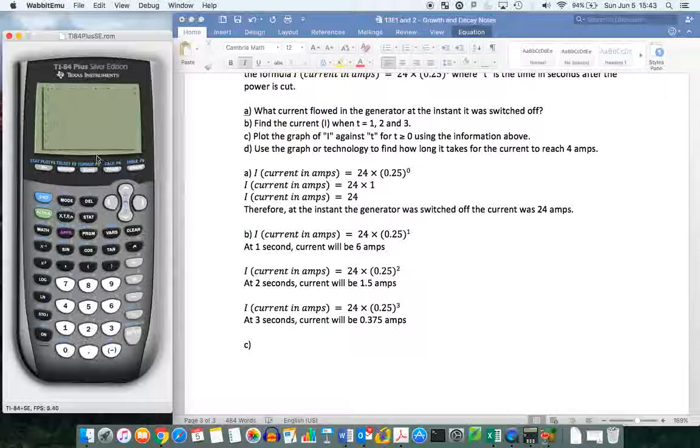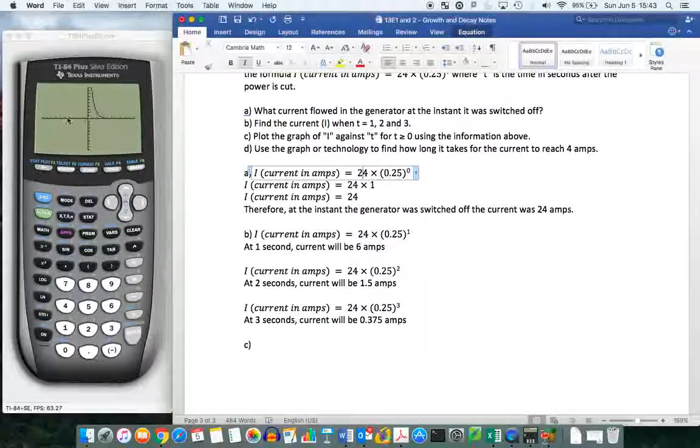Graph, and what you're going to notice is it's going to remain with the last zooming setting. Can't see anything, useless. So you go to zoom and set it to zoom standard. See if you can see anything now. There we go. Because it's of this particular form, we don't actually need the negative side.